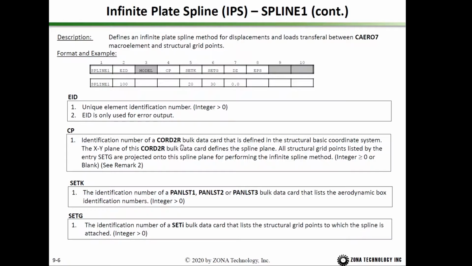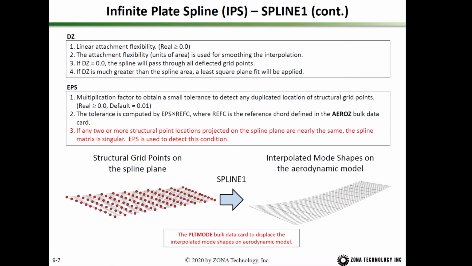But if the aerodynamic model is modeled by CAERO4 or CAERO3, then you have to define a spline plane using the CORD2R card. And set G, you list out the structural grid point IDs to involve in the spline. And the DZ is a linear attachment flexibility.